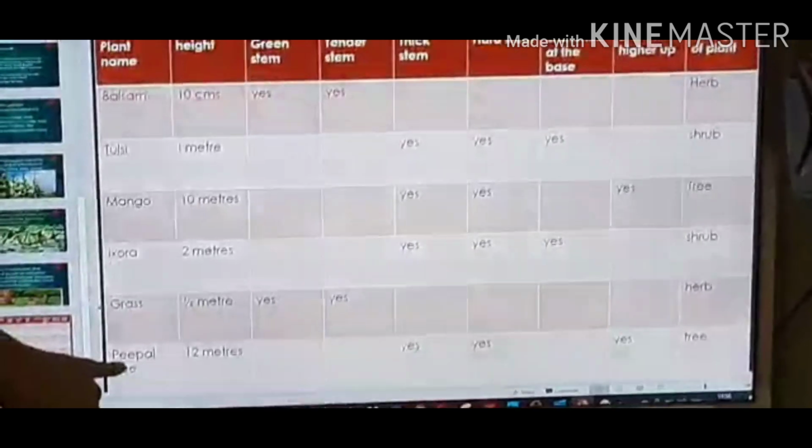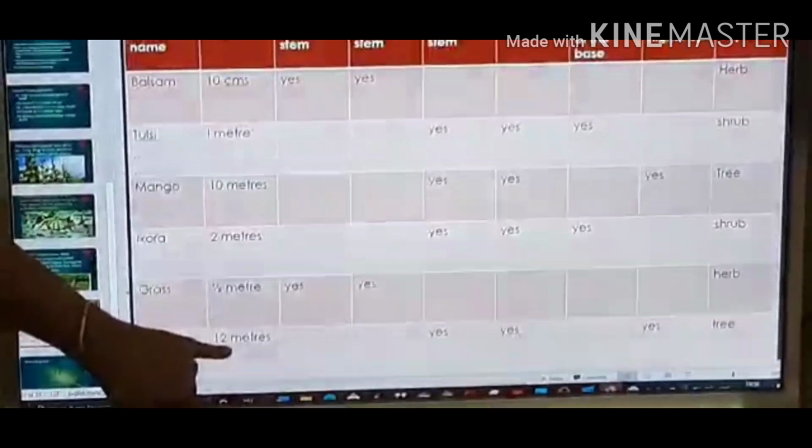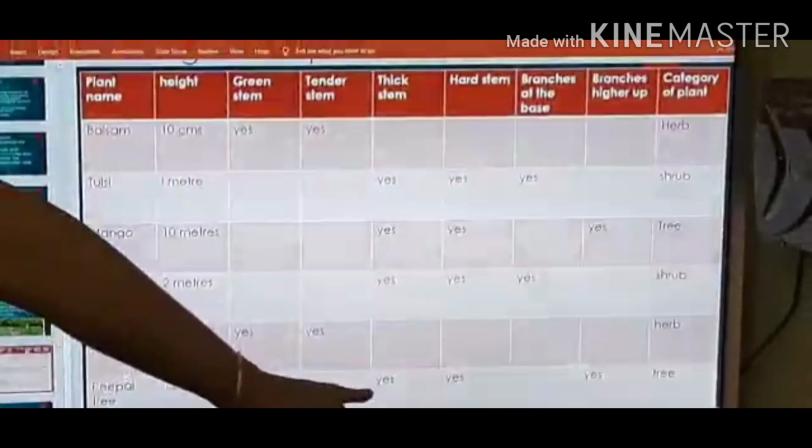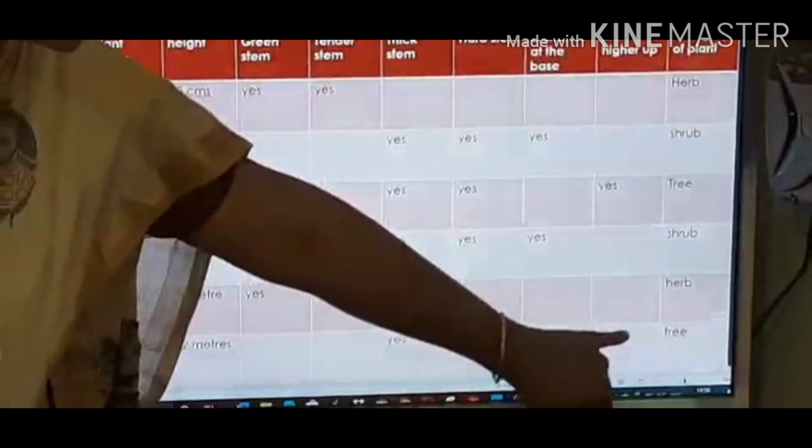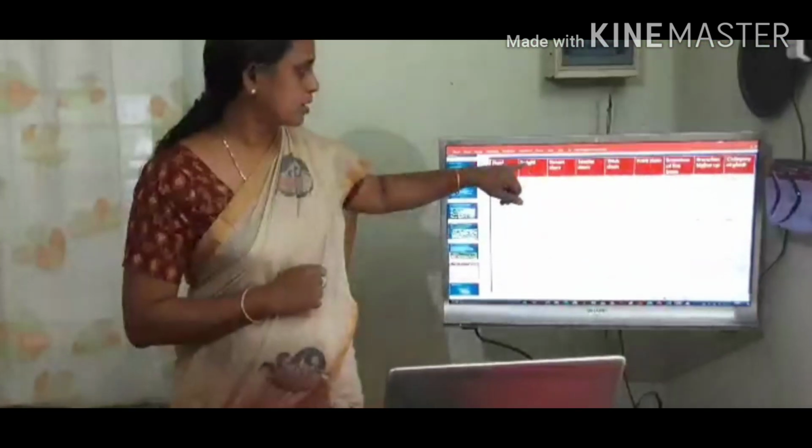Herb. Peepal tree may be more than 10 to 12 meters. It has a thick stem, hard stem, branches higher up. It's a tree.